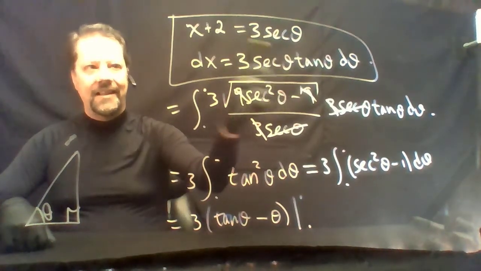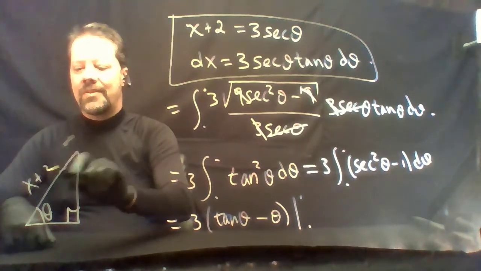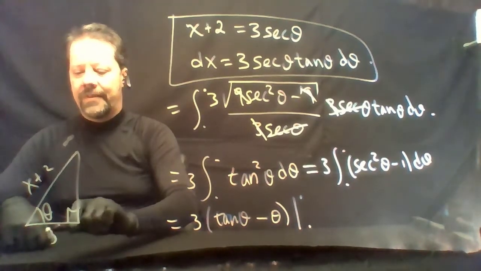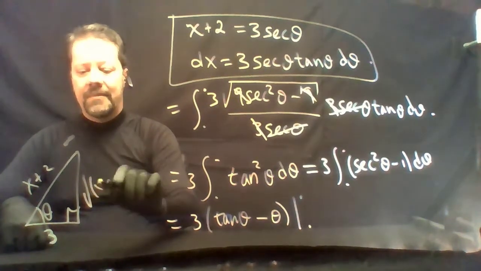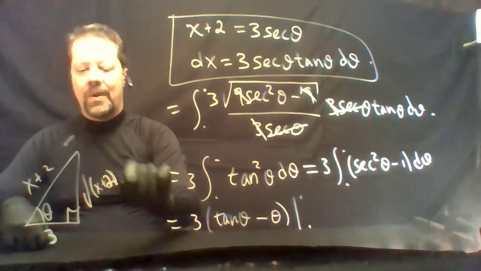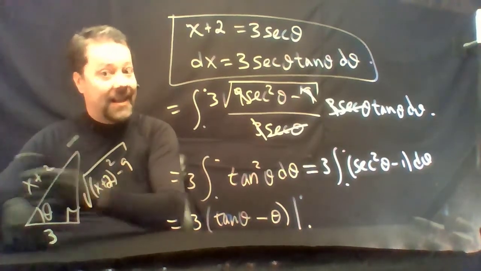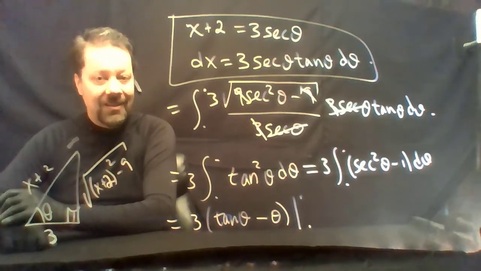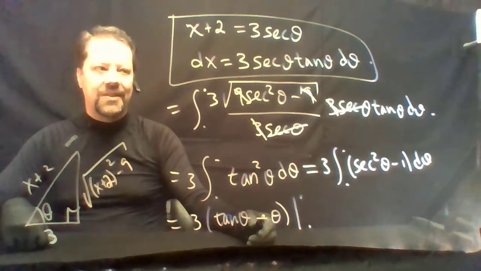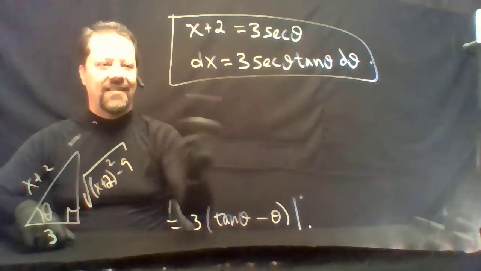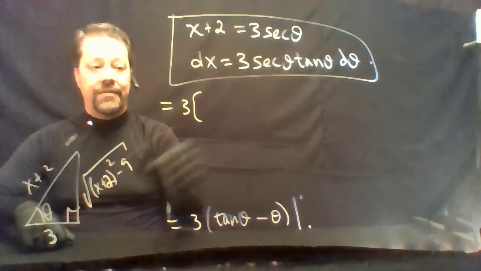Secant theta is hypotenuse over adjacent. That's going to be x plus 2 over 3. The remaining side then, by the Pythagorean theorem, is x plus 2 quantity squared minus 9 under a radical. That had better show its ugly face again, or else you screwed up. We now make the appropriate substitutions. Tangent theta is opposite over adjacent.